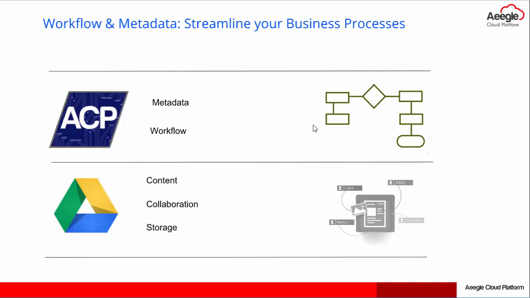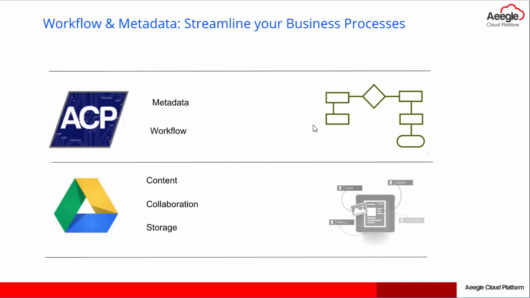With ACP, you can also add workflow and metadata to your files. So you add, let's say, a publish process for those documents, for those files, and also the metadata, as much information as you need for those files.